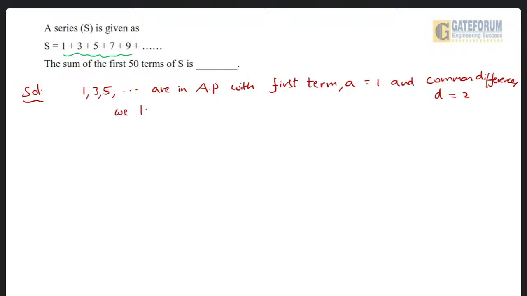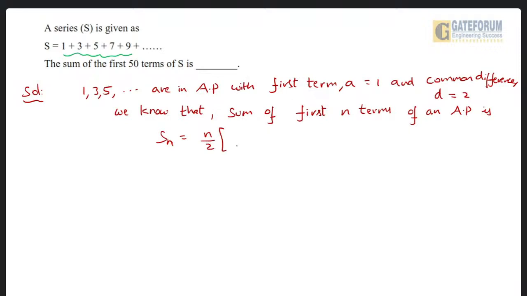We know that the sum of the first n terms of an AP, arithmetic progression, is Sn is equal to n by 2 into 2a plus n minus 1 into d.